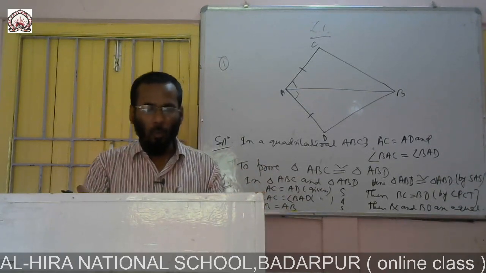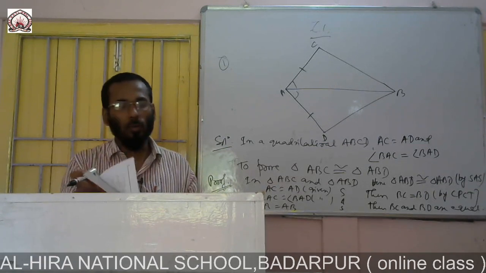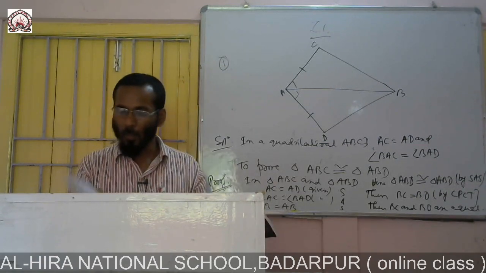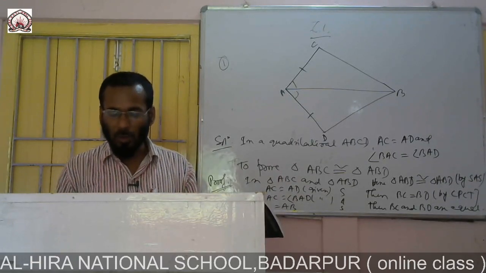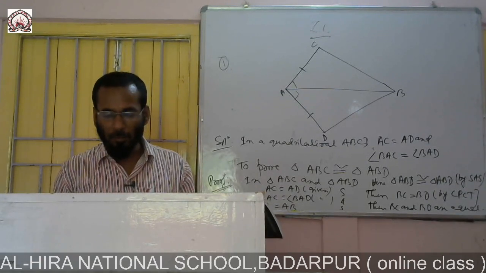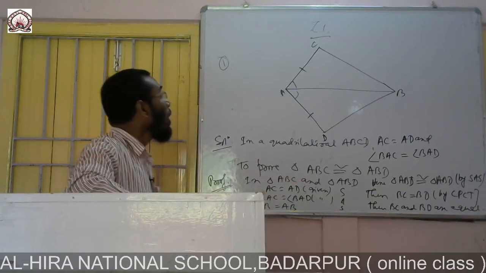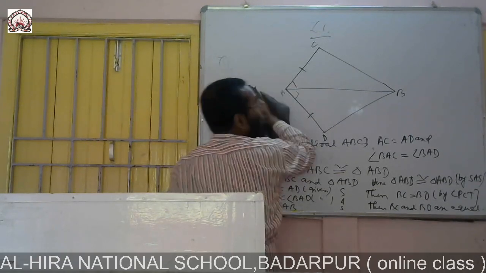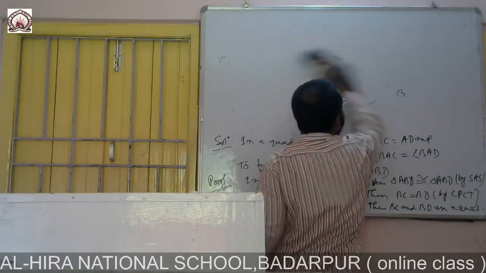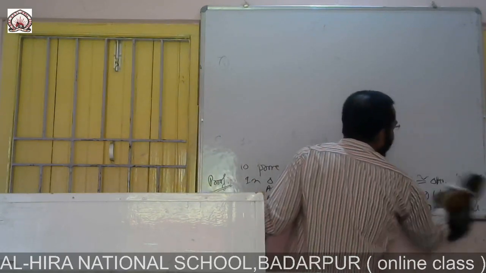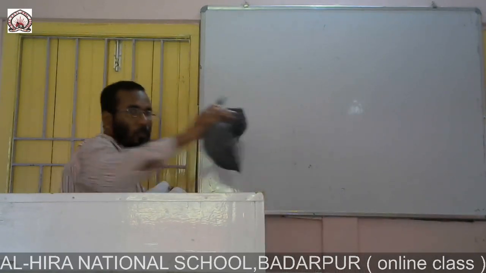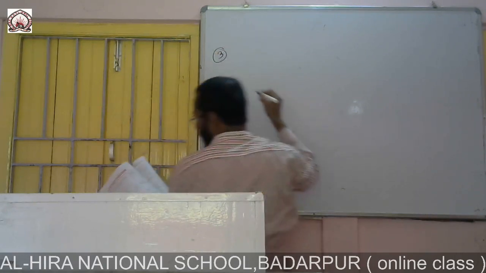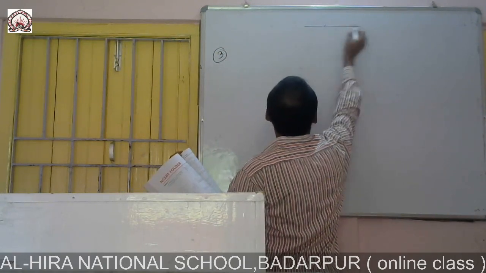Now question number 3 I am doing here. Question number 3 is: AD and BC are equal perpendiculars to a line segment AB, see figure 7.18. Show that CD bisects AB. So like this, first and foremost work is you must draw the diagram. So whatever is given, first you draw the diagram.